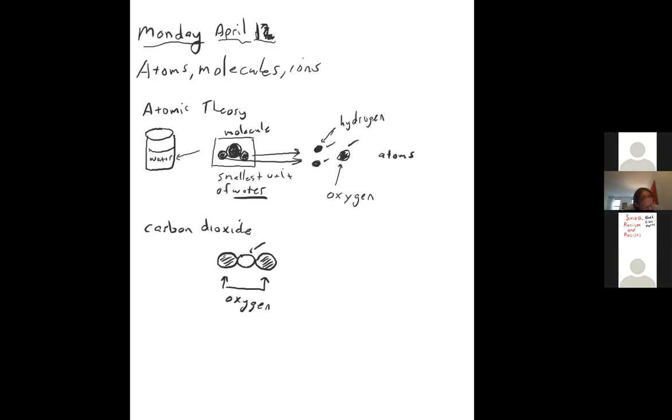And then the one in the center is carbon. And so each of those individual particles are atoms. So this one has three atoms, right? Two of them are oxygen, and one of them is carbon. So carbon dioxide, right? So that whole thing together is called a molecule. And the individual particles that make up that molecule are called atoms.